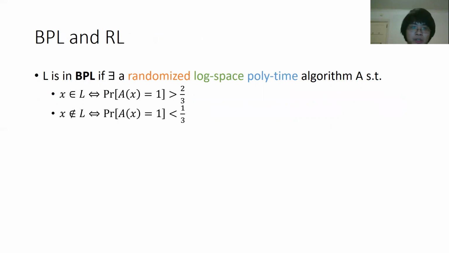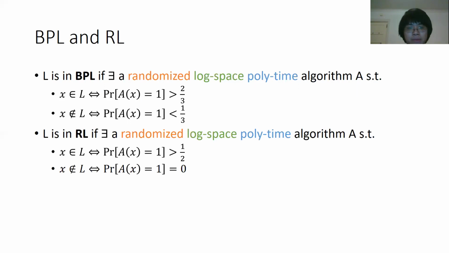The formal definition of BPL is, we say a language L is in BPL if there exists a randomized log-space polytime algorithm A such that the algorithm will output the correct answer with probability at least 2/3. There is also a one-sided error version called RL, where the algorithm will always output correctly if the input is a no instance.